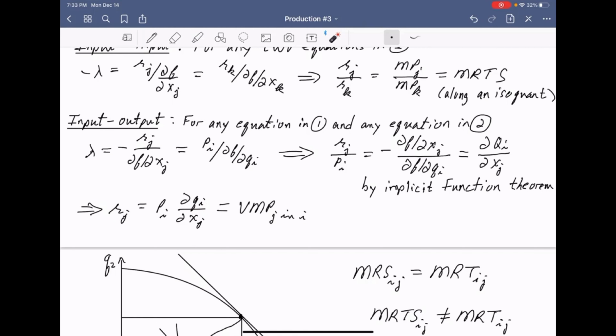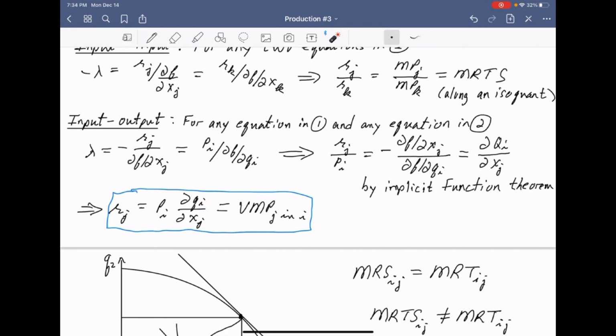All right, so let me reiterate that. We have this relationship here, and what it tells us is that the input price of input j has to equal the output price of good i times the marginal product of j in i.